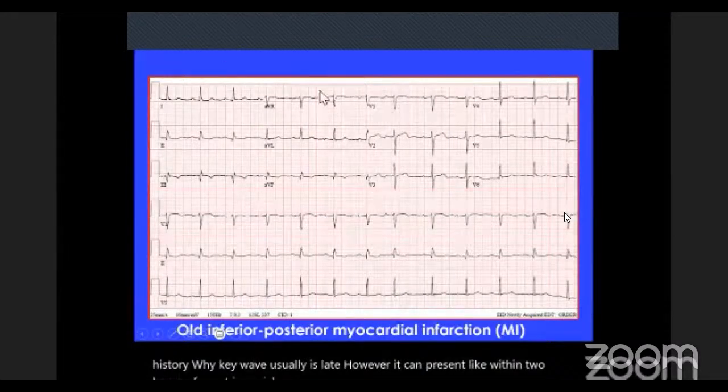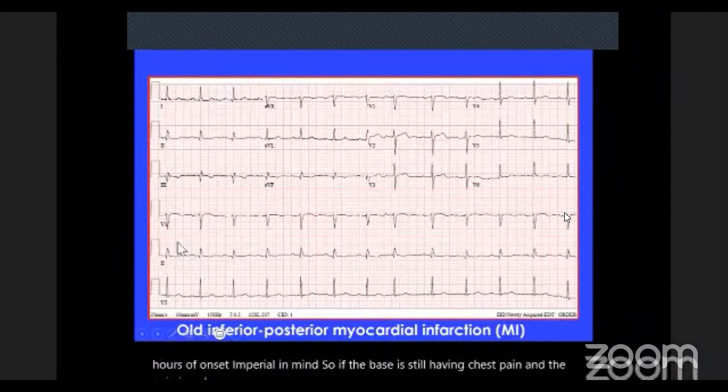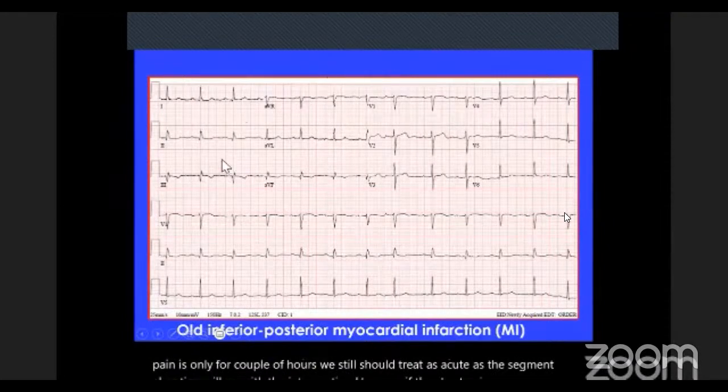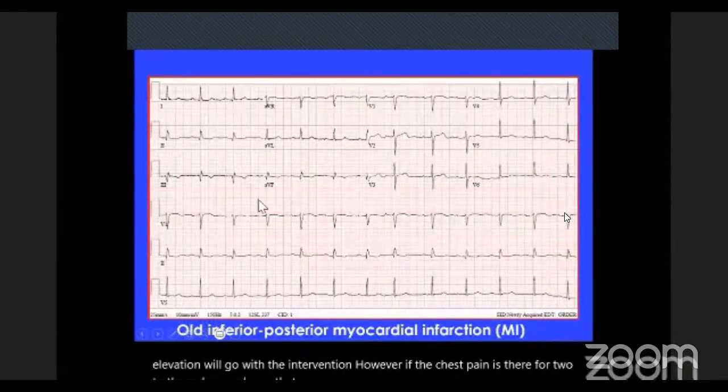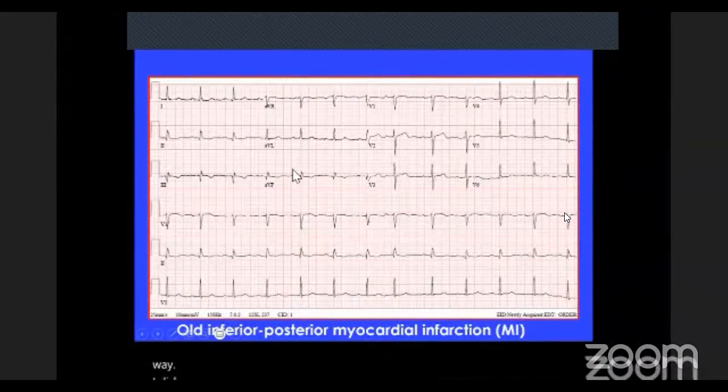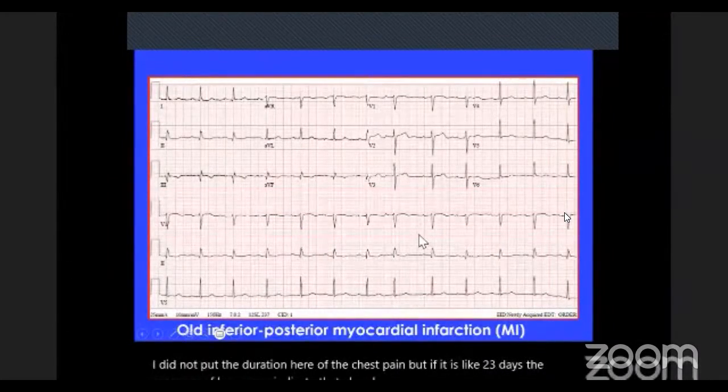So if the patient is still having acute chest pain and the pain is only for a couple of hours, we still should treat as acute ST segment elevation. We go with the intervention. However, if the chest pain has been there for 2 to 3 days, we know that the area is infarcted because of the pathologic Q wave. I did not put the duration of the chest pain here, but if it is 2 to 3 days, the presence of Q waves indicates that the area is already infarcted. Old infarction. Thank you. You're welcome.